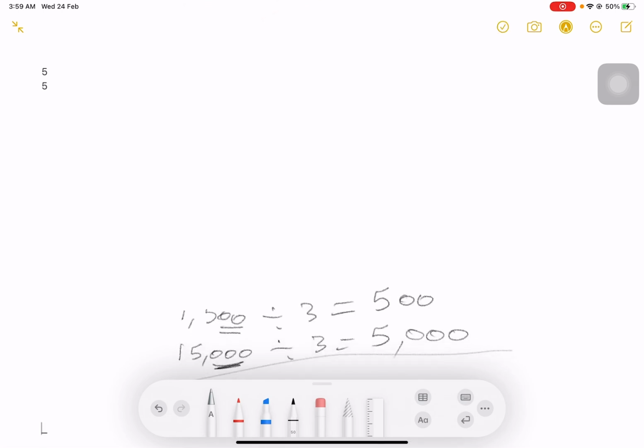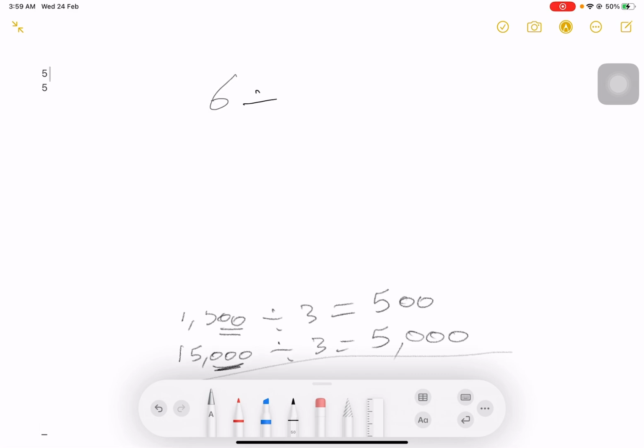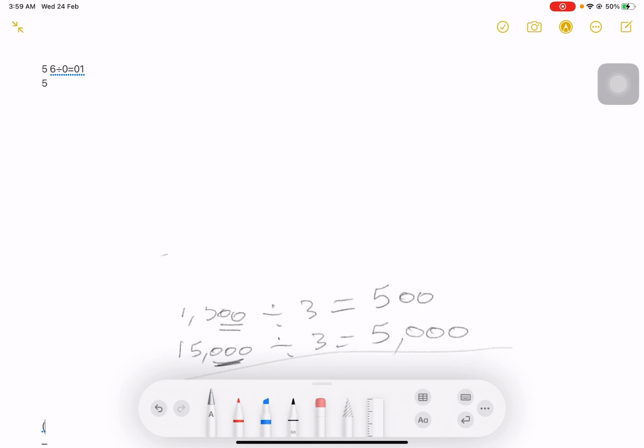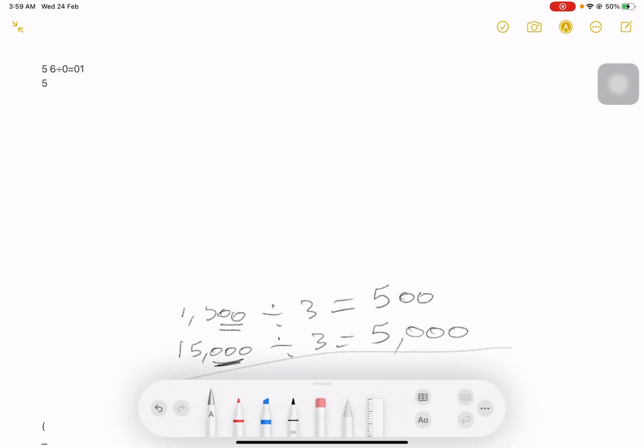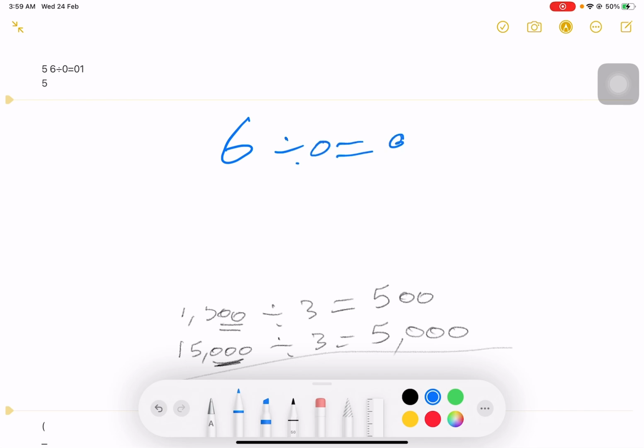Okay, first, you can divide 0 by 6, the answer is 0. This is correct. But you can't say 6 divide 0, the answer is 0. Sorry, this is wrong. You can't divide by 0.